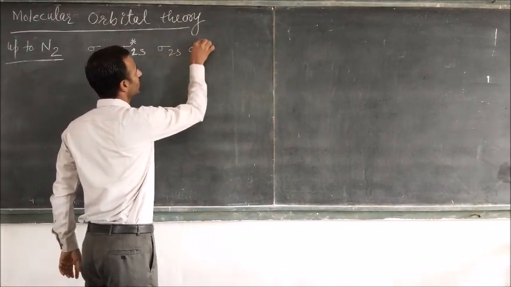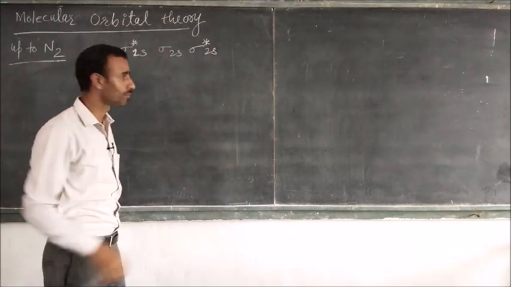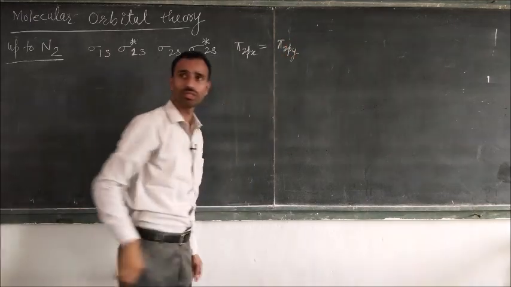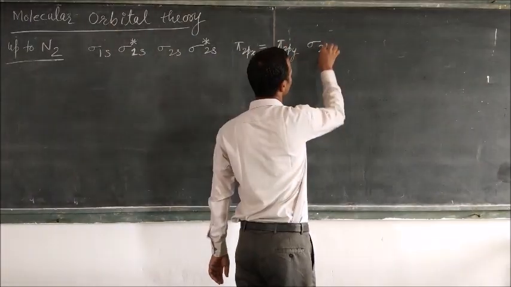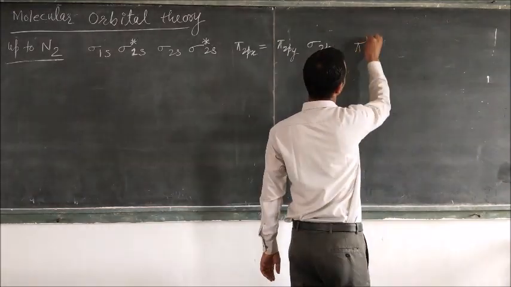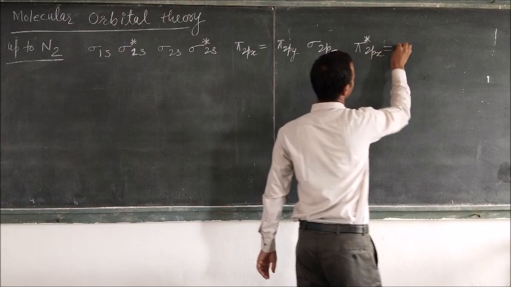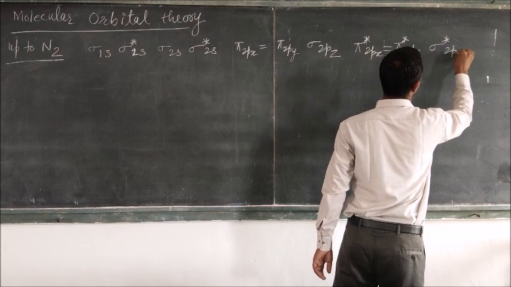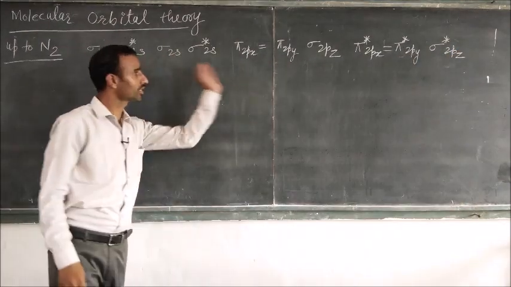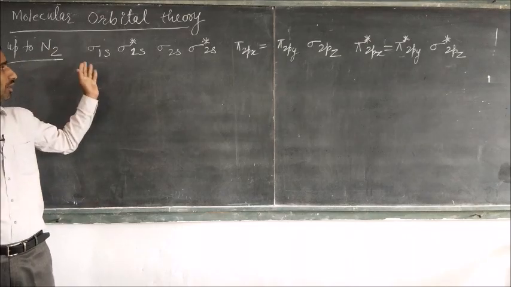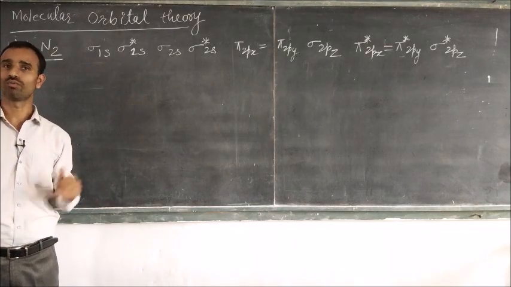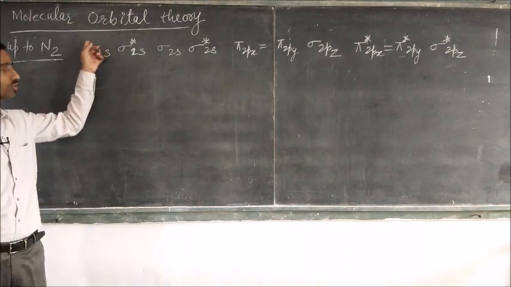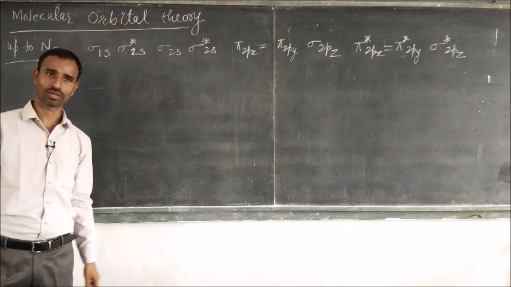Then sigma 2s, sigma star 2s, pi 2px and pi 2py, which have the same energy, and then sigma 2pz, after that pi star 2px, pi star 2py, sigma star 2pz. These are the molecular orbitals in the order of increasing energies. The lowest energy orbital is filled first, and then accordingly they are filled.